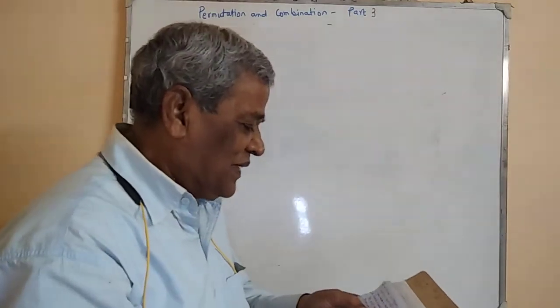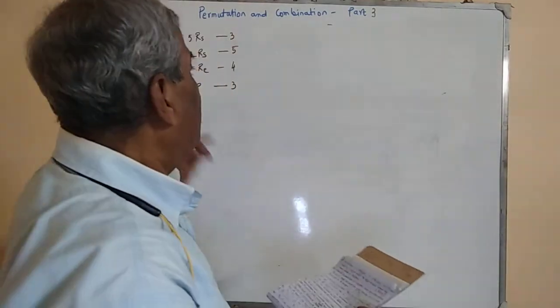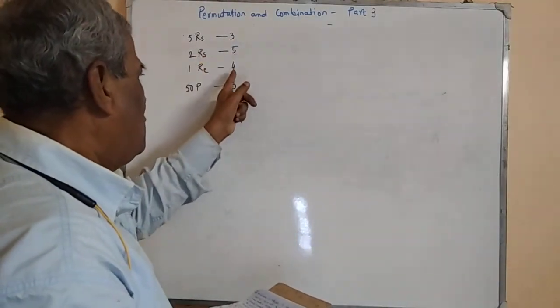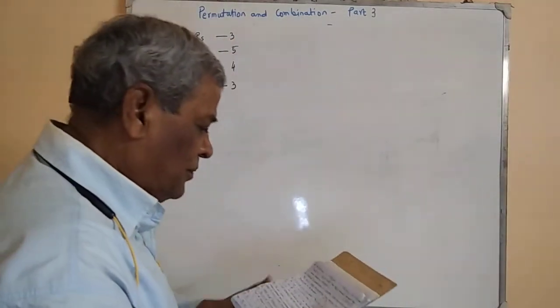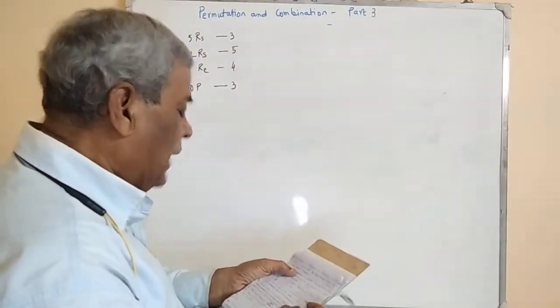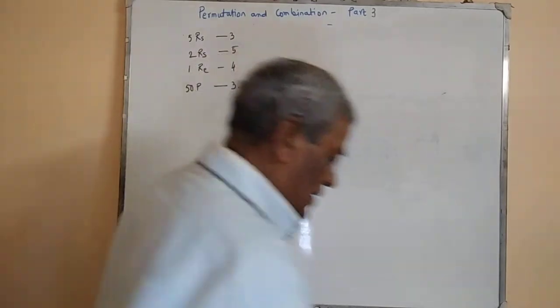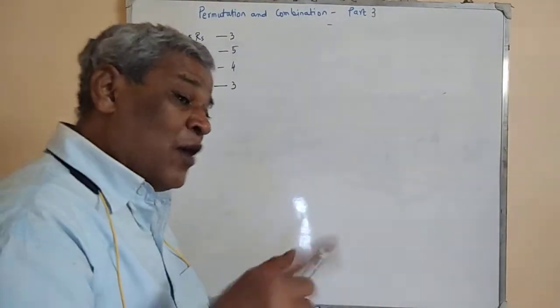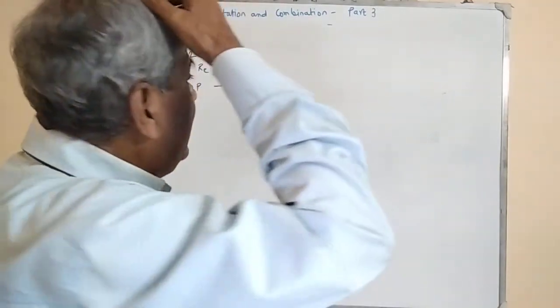So once again I am repeating, a girl had three 5 rupee coins, five 2 rupee coins, four 1 rupee coins, and so on. In how many ways can she help a beggar? Not by how many amount, but how many ways.